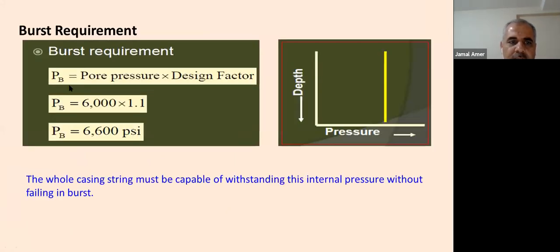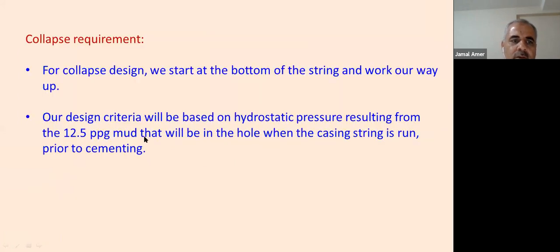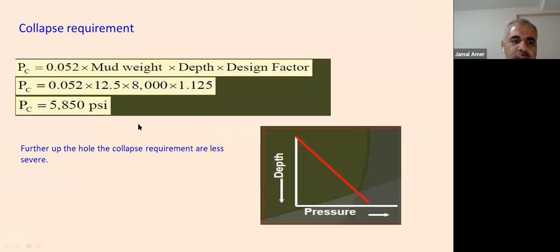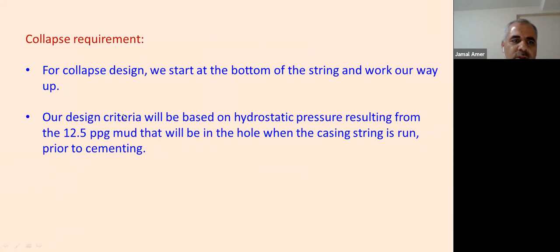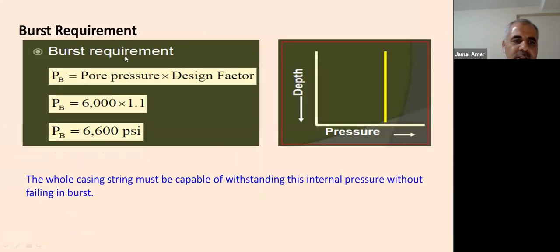So here we apply the equation and we get a number. First, as we said, we calculate the burst requirement. Here it is bore pressure; burst comes from the bore pressure multiplied by design factor. So 6,000 formation pressure multiplied by 0.1, it will come to this number, this line.